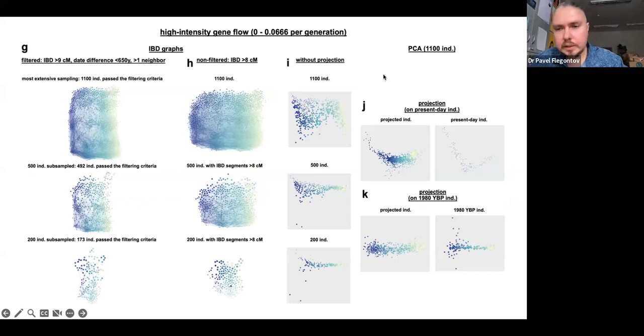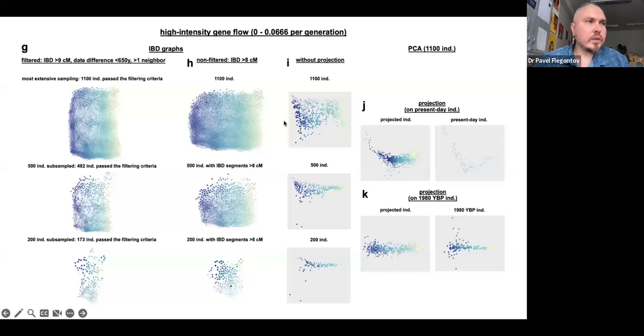But when we look at PCA, we see that, of course, PCA reproduces the same geography and the same temporal gradient too, but they are more distorted, especially if we take fewer individuals. But the same is true for these IBD graphs, and actually IBD graphs fall apart faster under sparse sampling as compared to PCA.